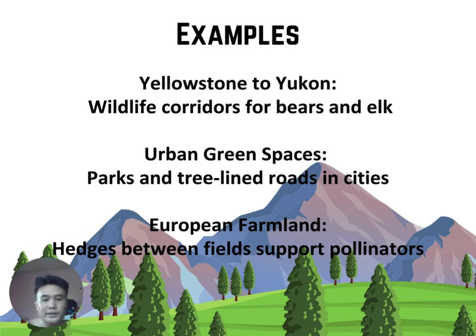Next is roadside planning in Davao. Some roads now have tree belts or green strips. Dili lang siya pang beauty, but it also serves as mini corridors for pollinators like bees and butterflies. These examples show how landscape ecology applies in both developed and rural settings.